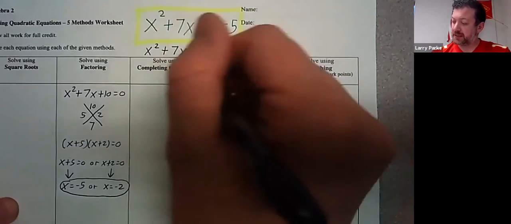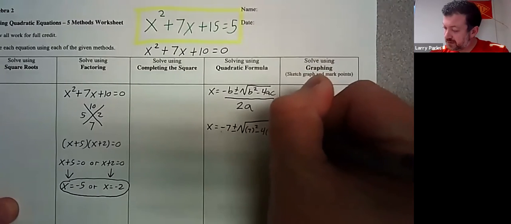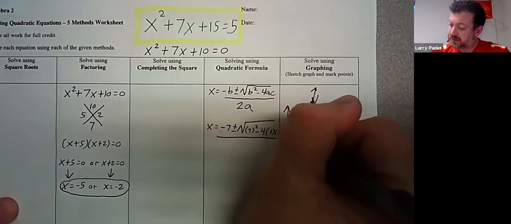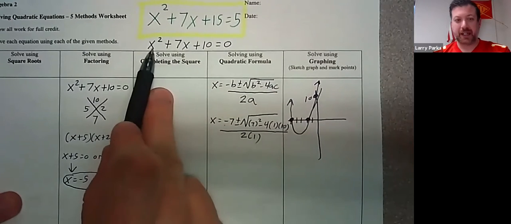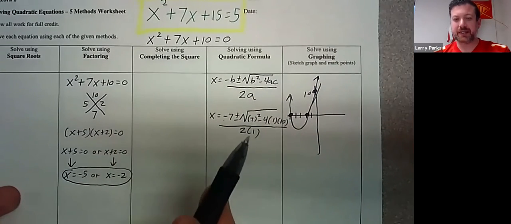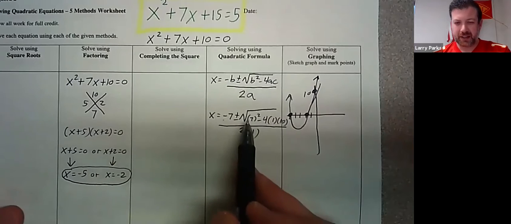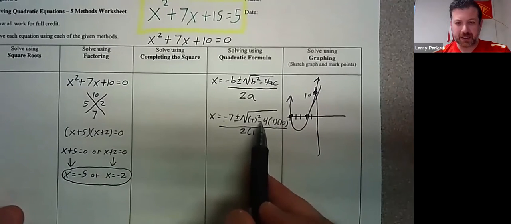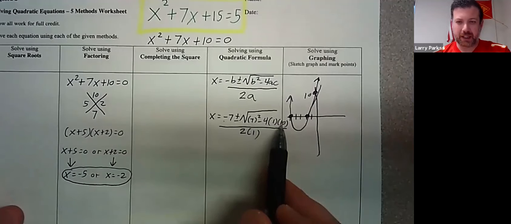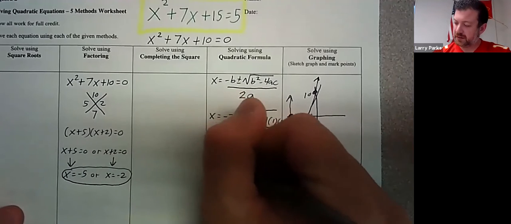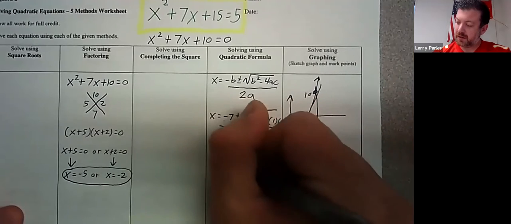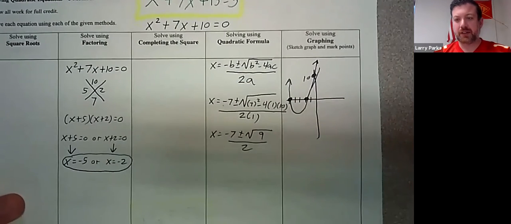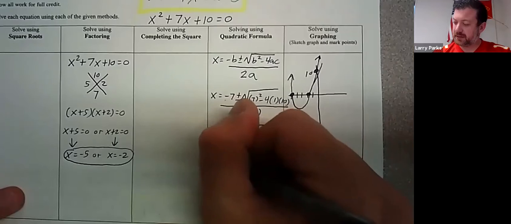A is 1, C is 10. A is still 1. So all I did is I plugged A is 1, B is 7, C is 10 into the quadratic. And then this is 49 minus 40, which is 9. And of course, the square root of 9 is 3.